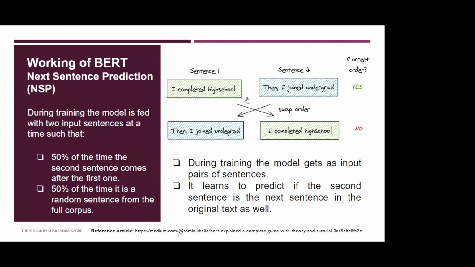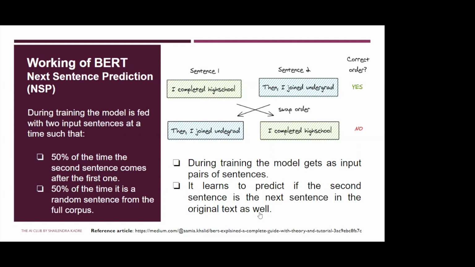That pair can be in the swapped order as shown here, or in this format as well: the second sentence comes after the first one, or it is a random sentence taken from the full corpus. And during the training, our model will learn to predict if the second sentence is the next sentence in the original text as well.